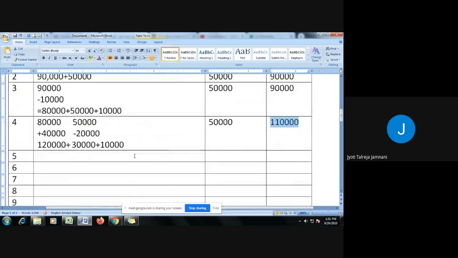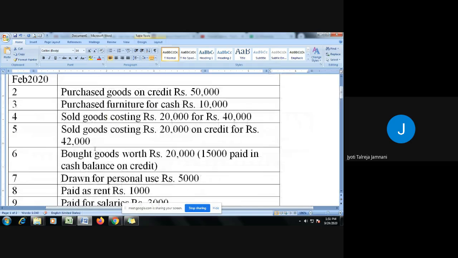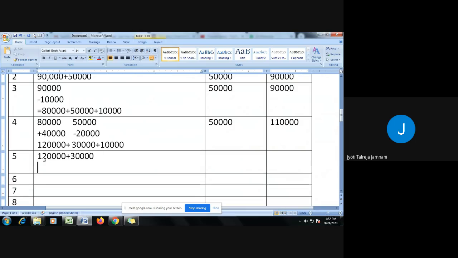The credit for rupees 42,000. So we have sold goods costing rupees 20,000. On credit means we have not received any cash. So our cash remains as it is, 1,20,000. Goods, what we have done, we had goods of 30,000.